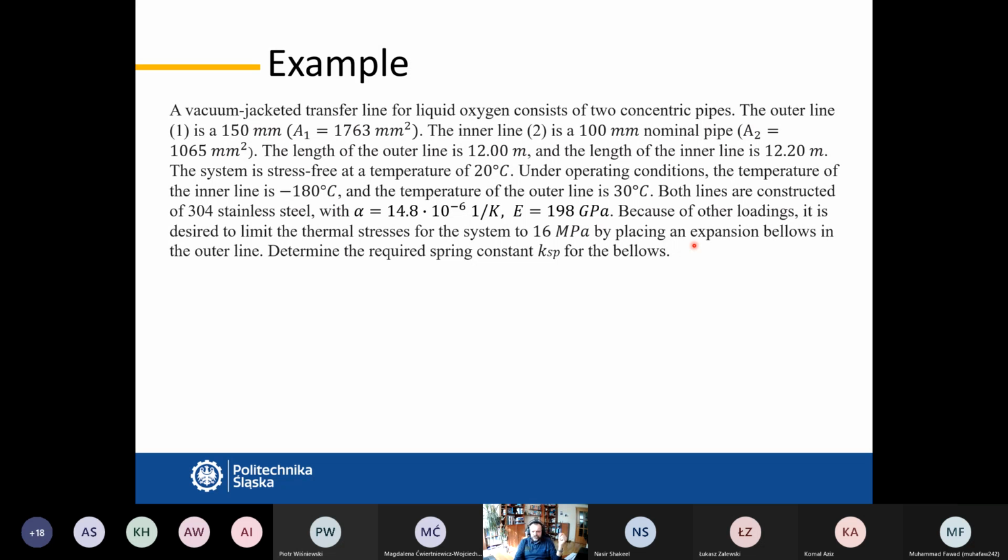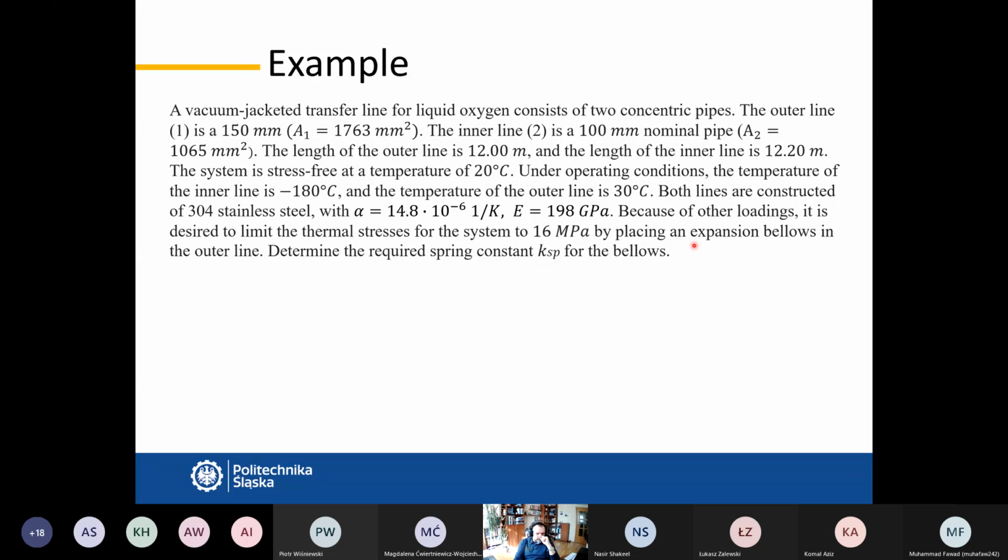Under operating conditions, the temperature of the inner line is minus 180. So the situation as it was in the previous example. And the outer line is 30 degrees Celsius. So quite similar story as before.